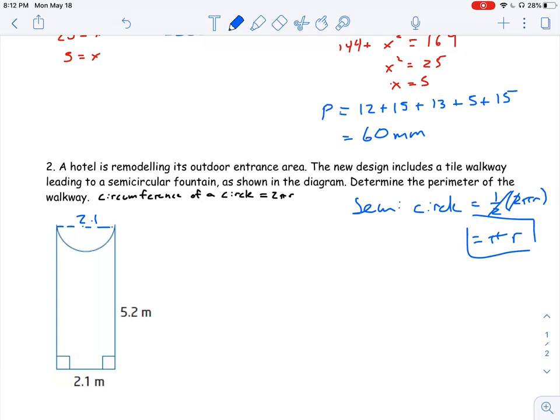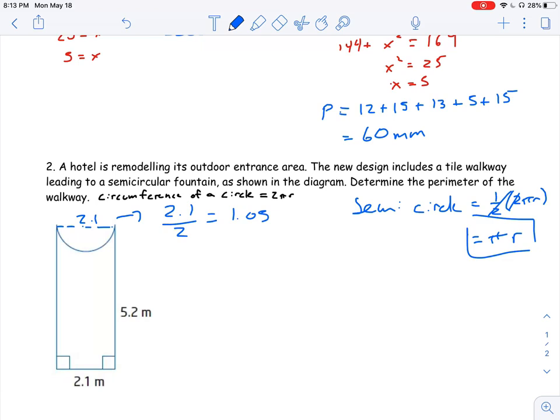Now, if I'm using this information given here, which is 2.1, I can't simply just plug that into my equation. I need to find the radius of this, because 2.1 is the diameter. The radius is halfway. So I take the diameter, divide by 2. I end up getting a value of 1.05.